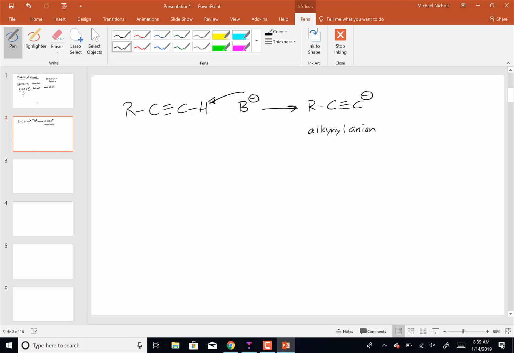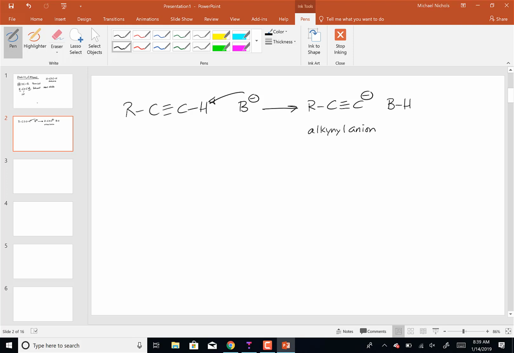When we look at an alkynyl anion, the first thing we could say is it is a strong what? It's a strong nucleophile. It's also a strong base.